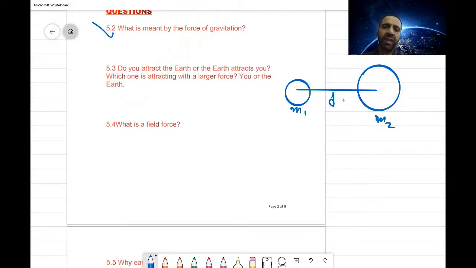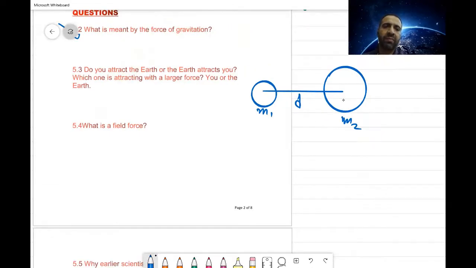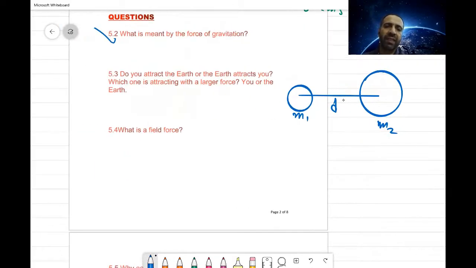So you see that if you apply the law of gravitation, what is the law of gravitation? You remember F was equal to G M1 M2 by D square. So this does not depend on the mass of one body, it depends on the product of the two.